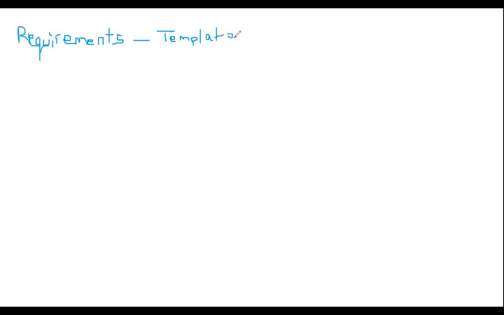So let's get that down. Template DNA. Okay, what else do you think we need to perform the polymerase chain reaction? And if you can't remember any of it, that's fine. After all, this is revision.